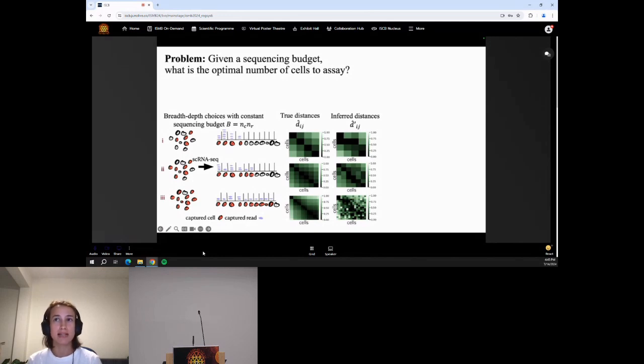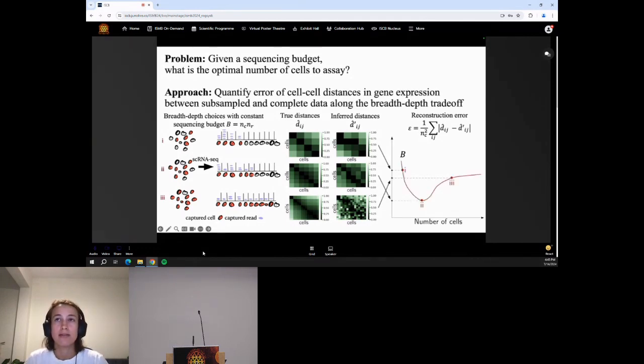The normalized cell-cell distances of the complete dataset are considered as the ground truth and are compared to the normalized cell-cell distances of some subsample data, which we refer to as the inferred distances. We define the reconstruction error, marked as epsilon throughout, as the average difference between these distances.